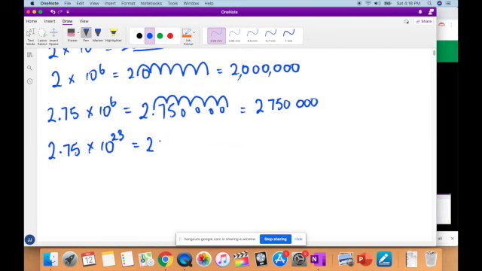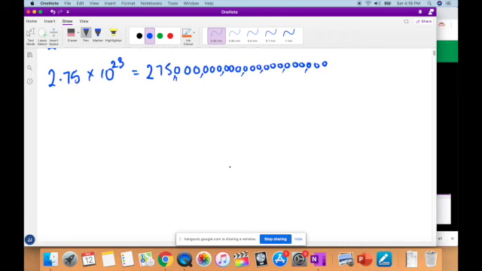No. 2, 1, 2, 3, 4, 5, 6, 7, 8, 9, 10, 11, 12, 13, 14, 15, 16, 17, 18, 19, 20, 21, 22, 23. Put a comma there, there, there, there. I don't even know what number that is.